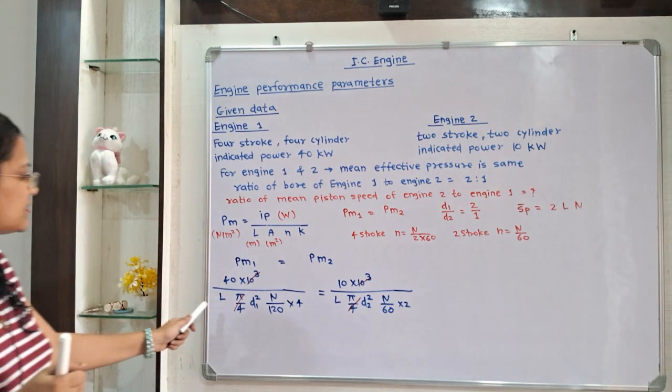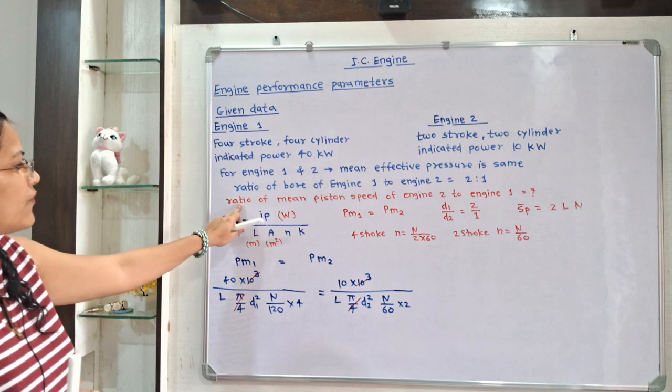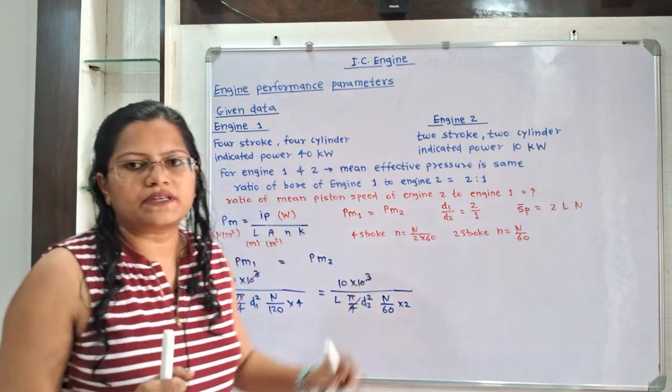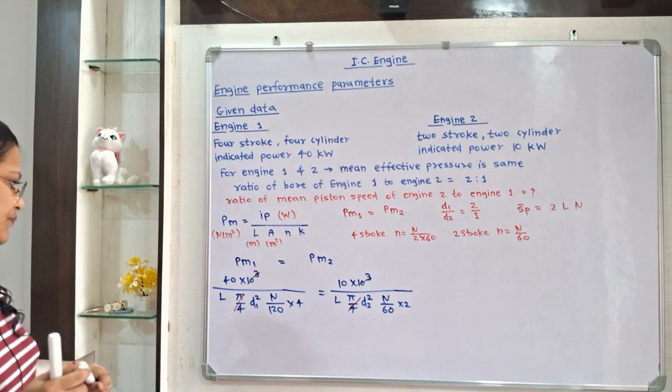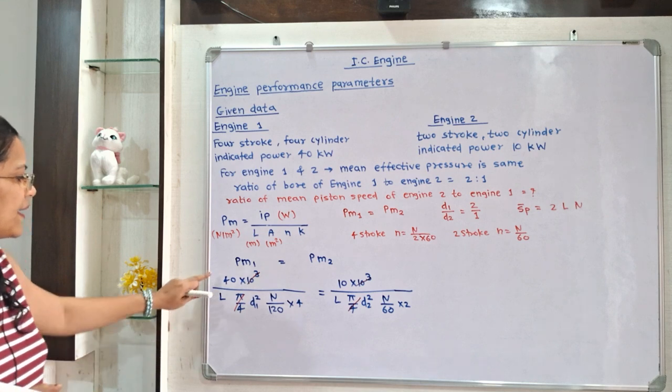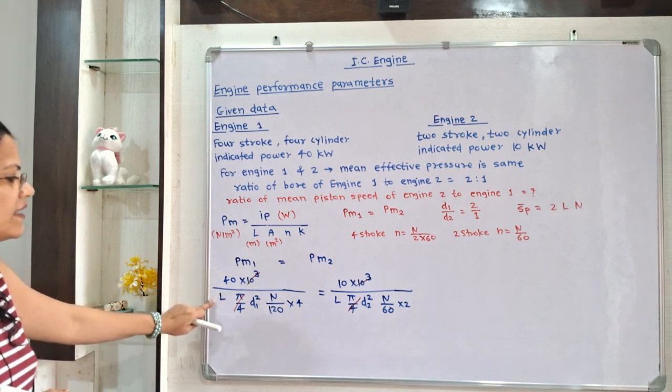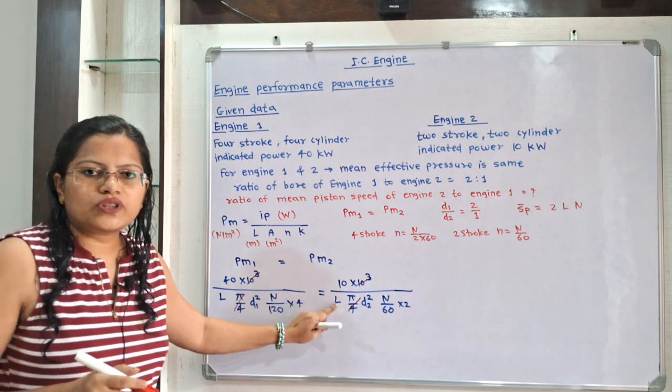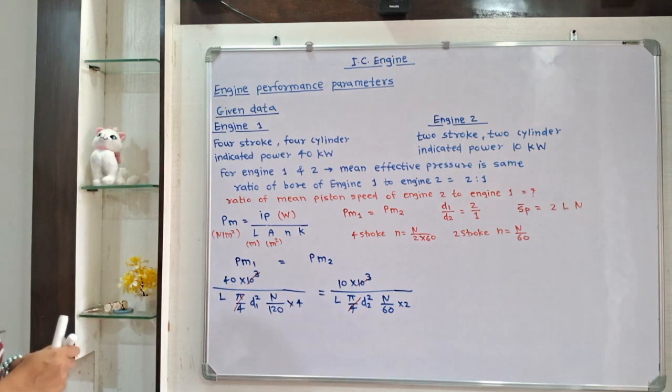Now what about this L and N? Because we have to find the ratio of mean piston speed, which is 2LN, we have to multiply and divide by 2 on both sides, for numerator and denominator.